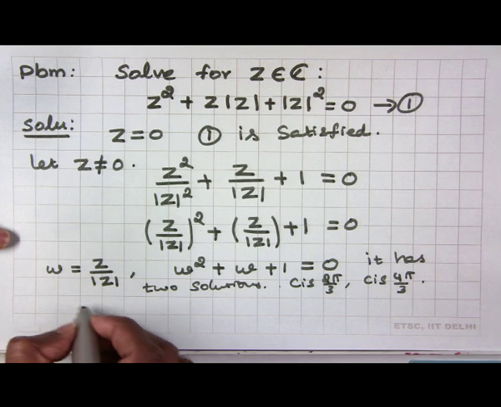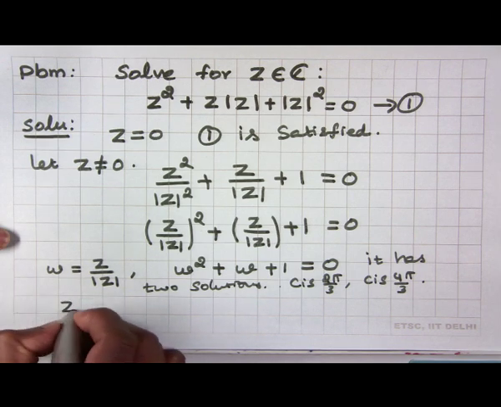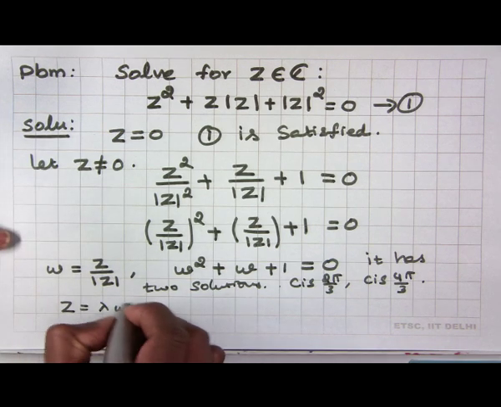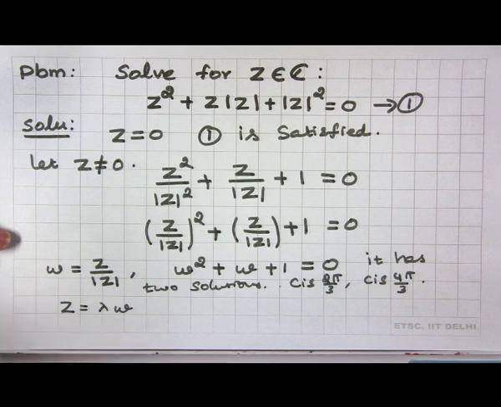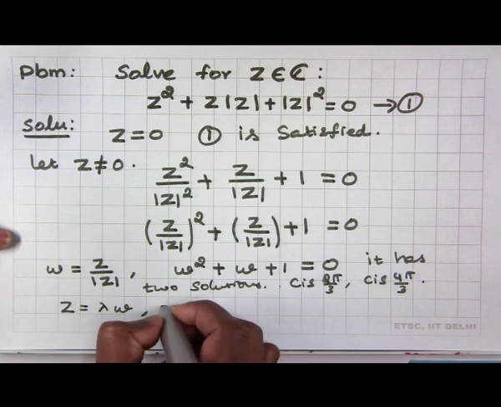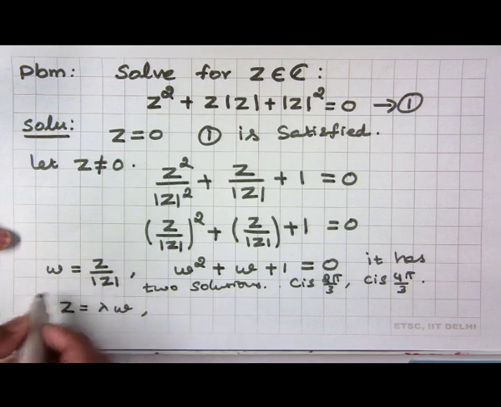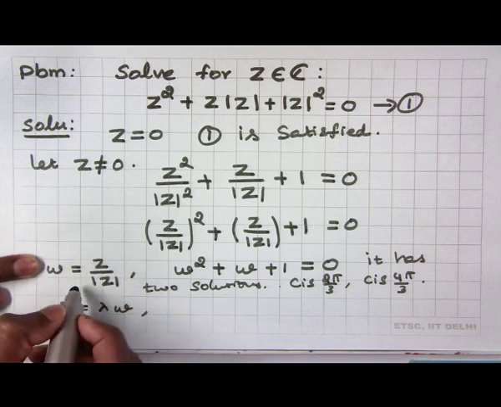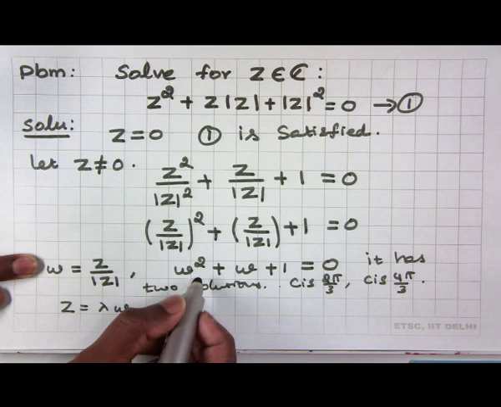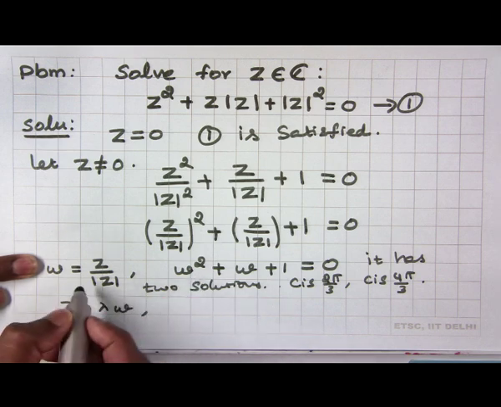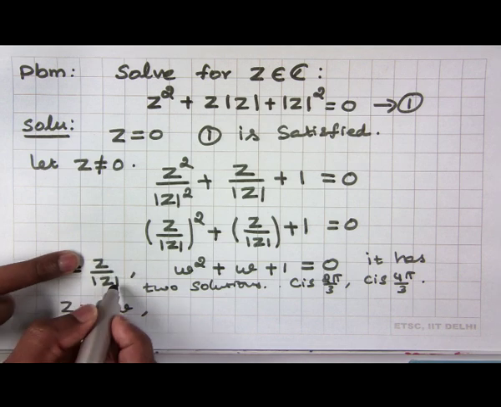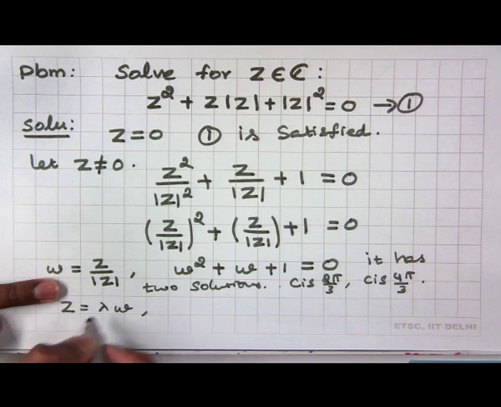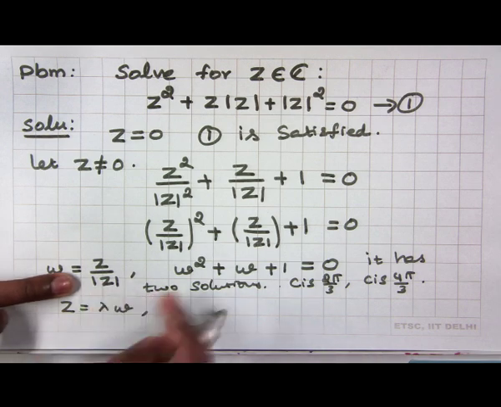Now if we consider z as lambda times omega, what do we get from this equation? We can choose z by mod z as omega, and it satisfies this equation. So we just put the value for z by mod z, which is omega, where mod z can be arbitrarily chosen.